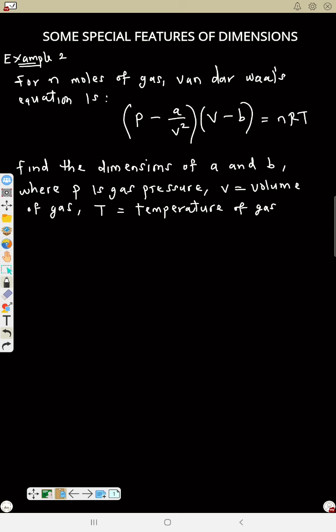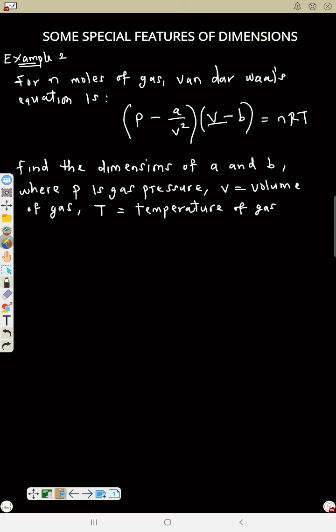Find the dimensions of A and B. Where V is volume, T is temperature, and P is pressure. So it's given here: P is gas pressure, V is volume of gas, and T is temperature of gas. So everything is given.